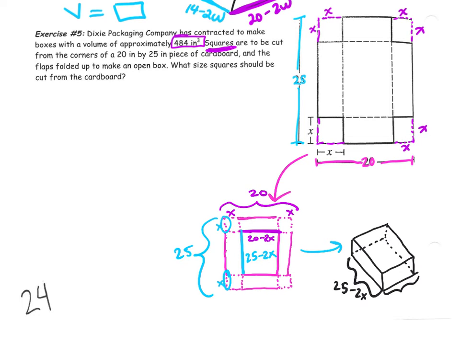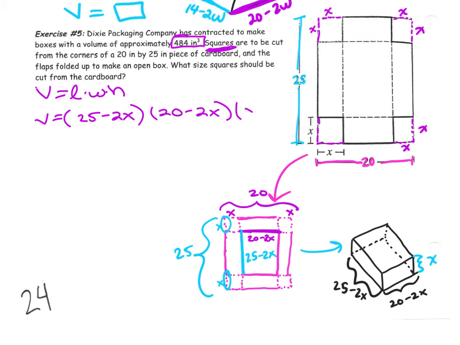This has a dimension length of 20 minus 2x, and this height is x. So again, with our formula for volume, volume is length times width times height. We have 25 minus 2x times 20 minus 2x times x.